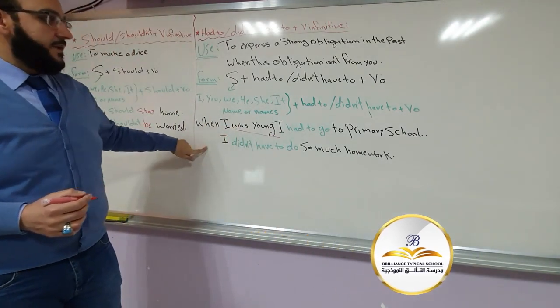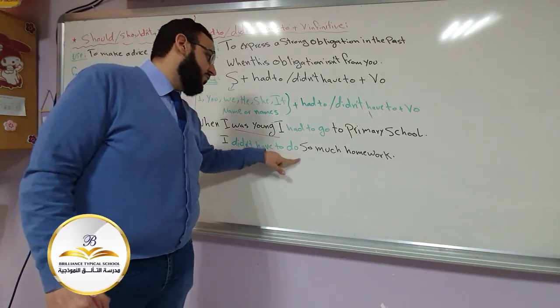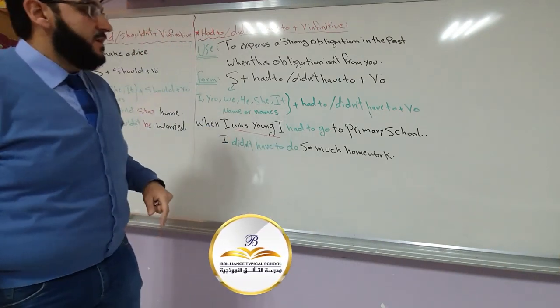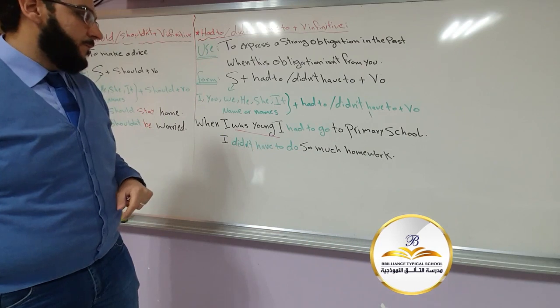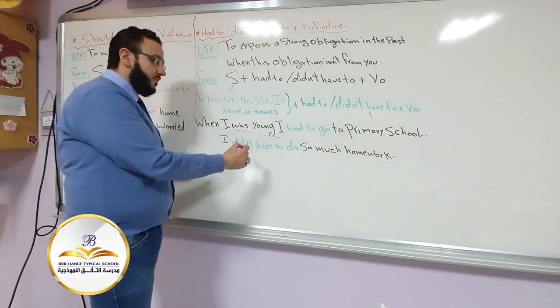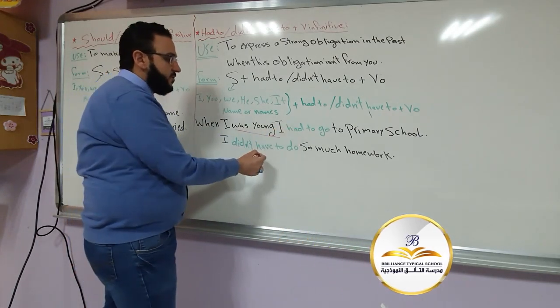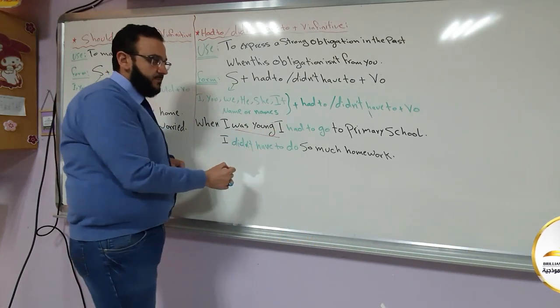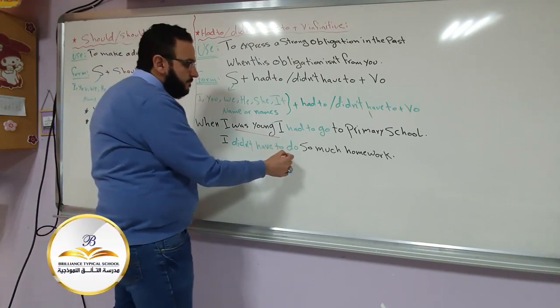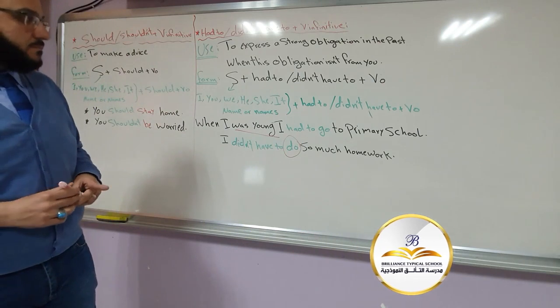Look here, the next example. I didn't have to do so much homework. Look, when we make the negative, we put didn't and we change had to to have to. Then we put the verb in infinitive form.